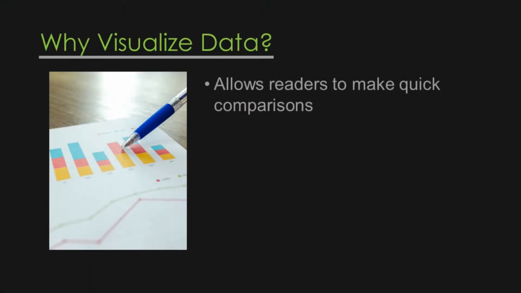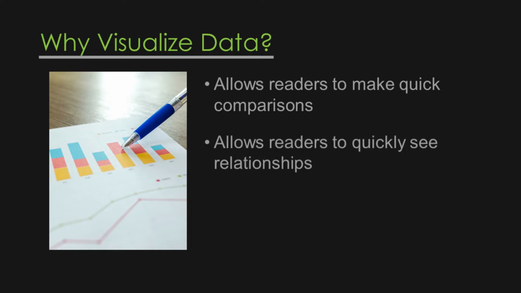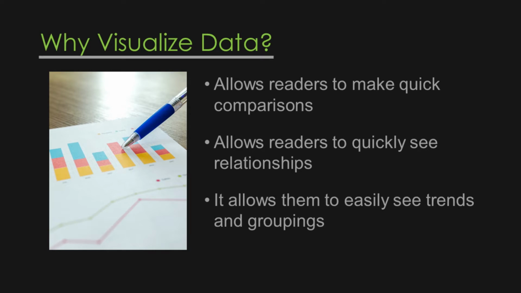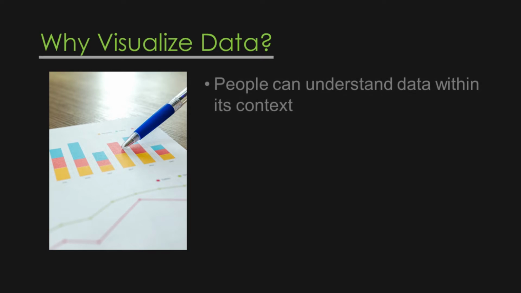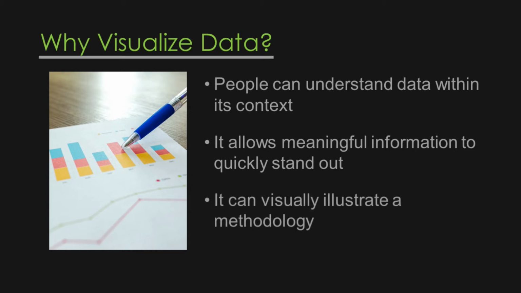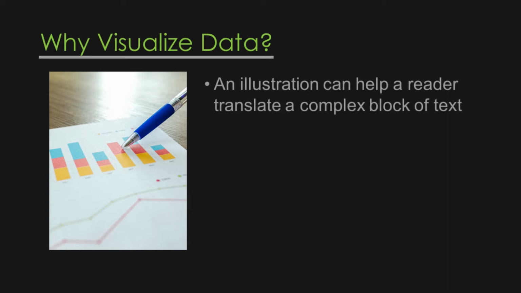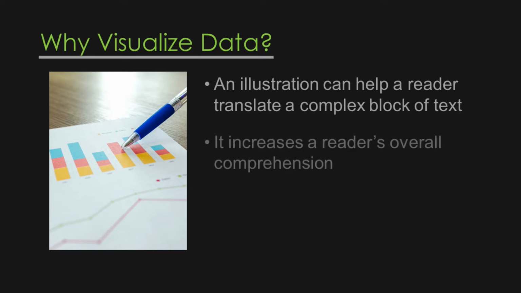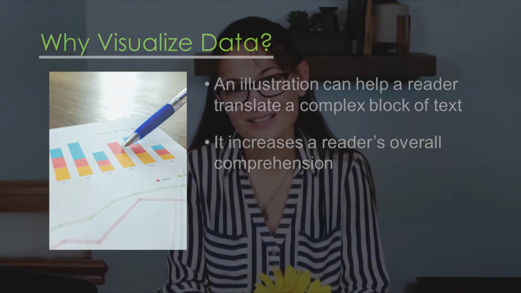So some reasons visual information really helps a reader out are it allows readers to make quick comparisons, it allows readers to quickly see relationships, it allows them to easily see trends and groupings, it helps them understand data within its context. It also allows meaningful information to quickly stand out. It can visually illustrate a methodology. An illustration can help a reader translate complex blocks of text, and it increases the reader's overall comprehension.